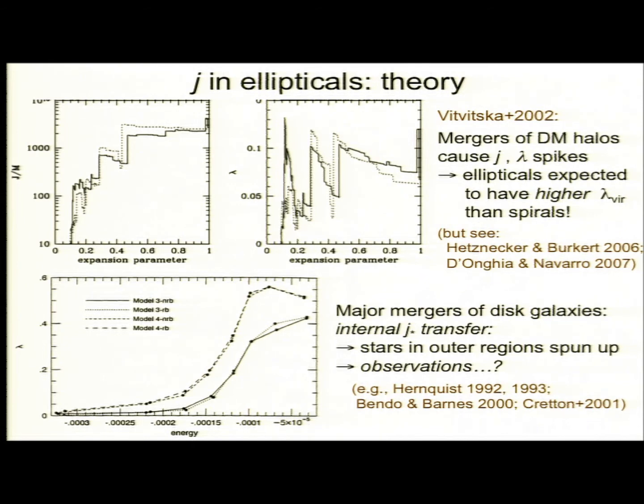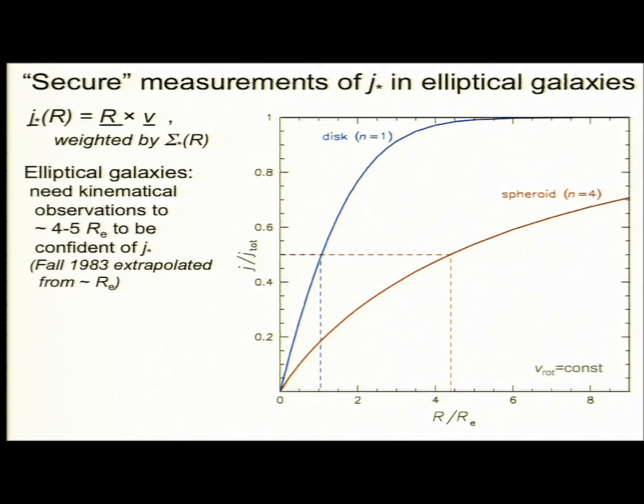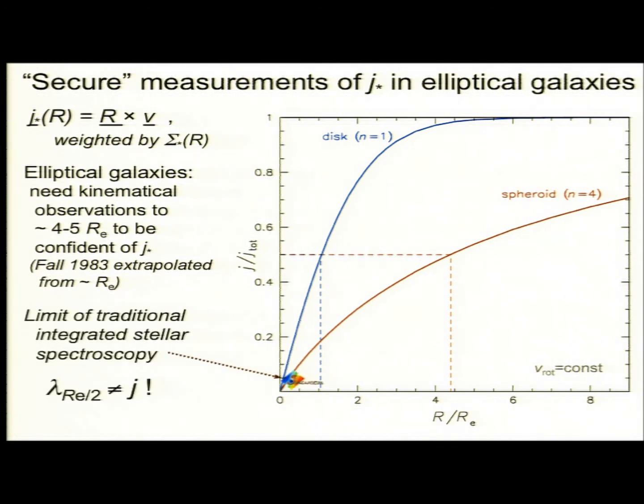So is that correct? Well, as Jean mentioned yesterday, you really need to go to the outer parts of elliptical galaxies to get at their total angular momentum, beyond the regions covered by, for example, SAURON, say to 4 or 5 effective radii, to be confident that you're measuring the total angular momentum.